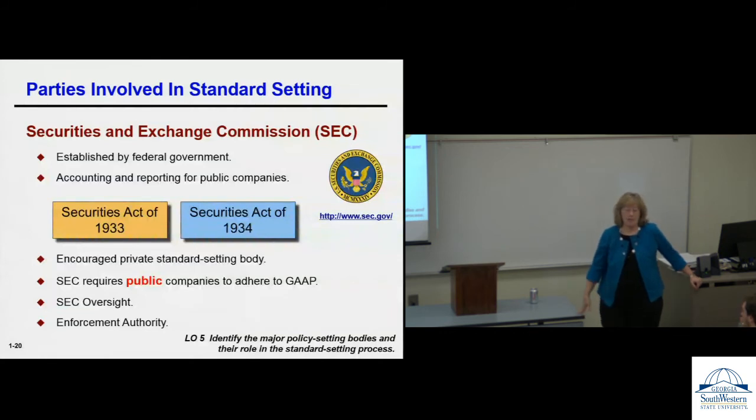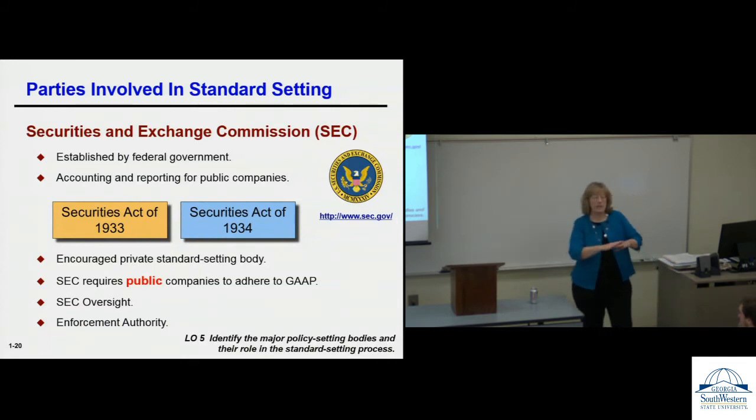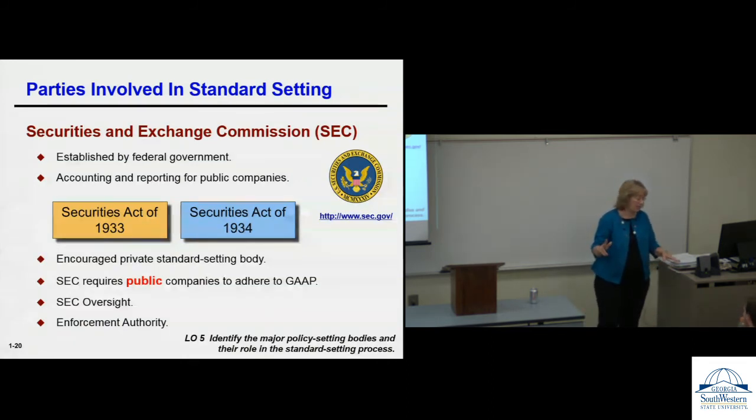And who does the SEC control? What type of companies does the SEC prescribe standards for? Public companies. Public companies have to adhere to the SEC's version of GAAP. The SEC has oversight over these companies.